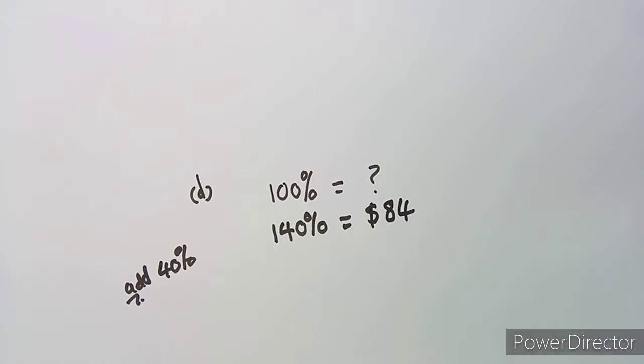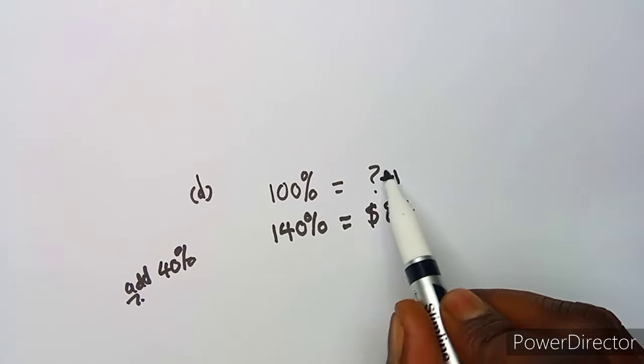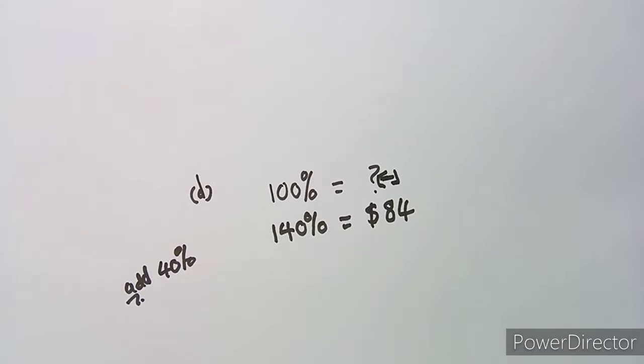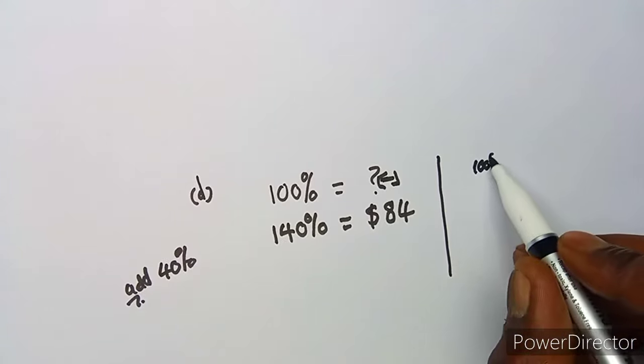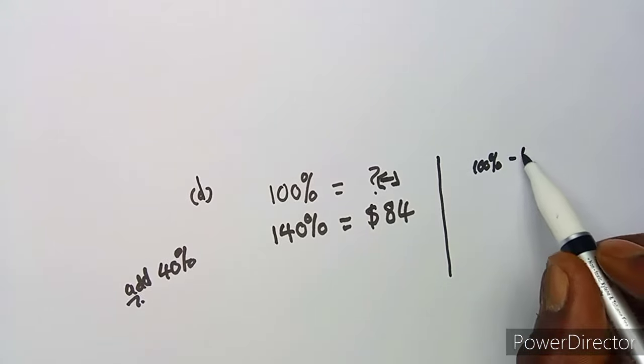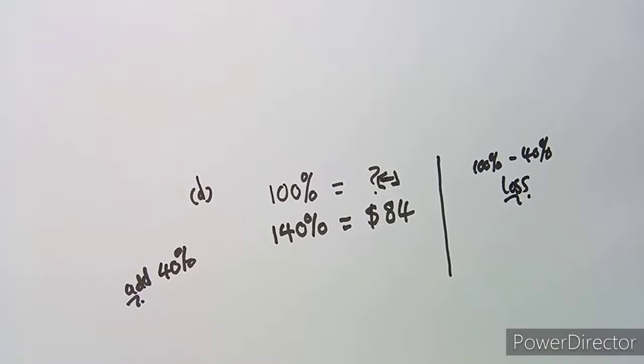So if this bicycle was sold at $84, what was the cost price, the one that is at 100%, before any profit was realized? If it was a loss, then it was going to be 100% minus 40%. But in this case, a profit, that is why we have to add.